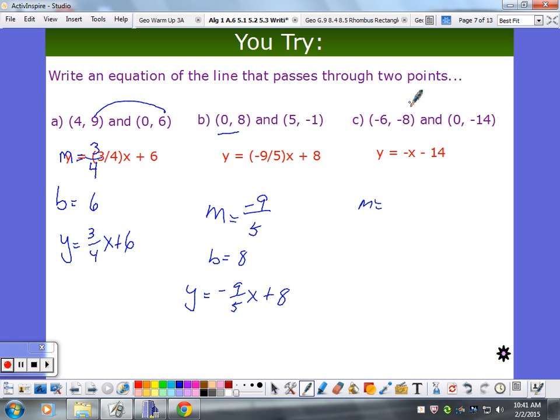Negative 14 minus negative 8, that's negative 14 plus 8. That's negative 6, right? 0 minus negative 6, positive 6. So I reduce that to negative 1. This has an x value of 0. This is my y-intercept. So y equals negative x minus 14. Right? So is this hard?